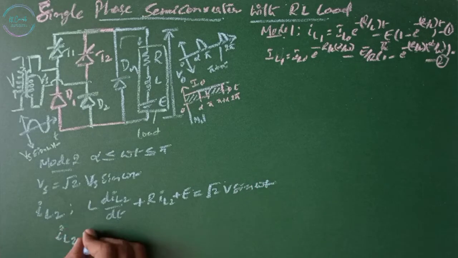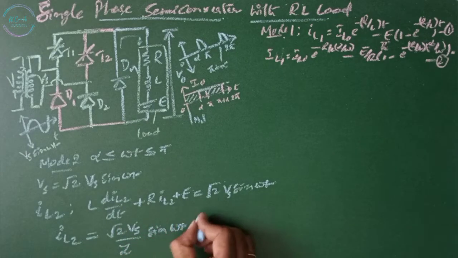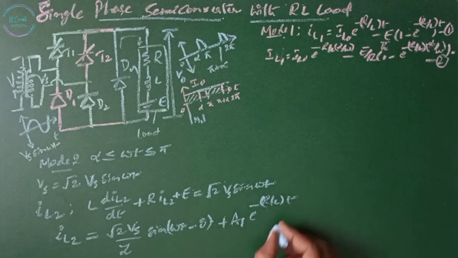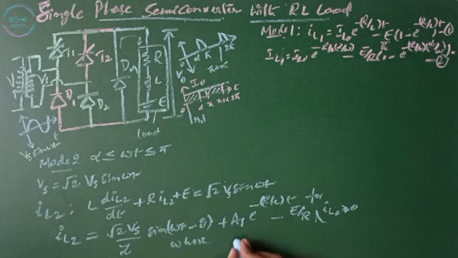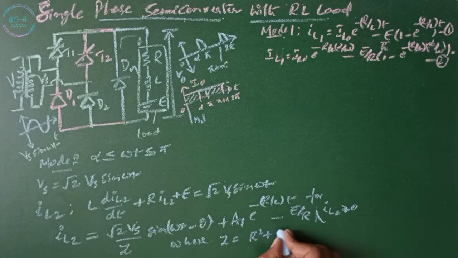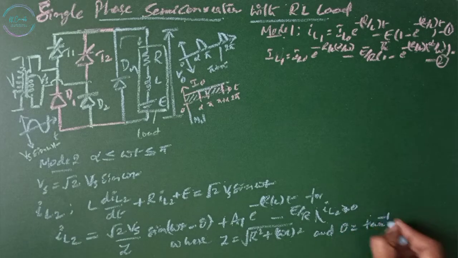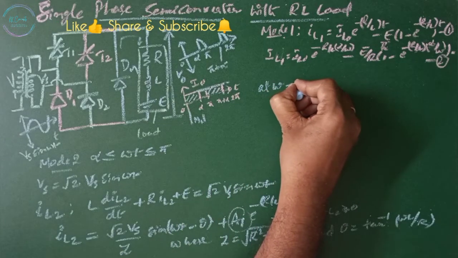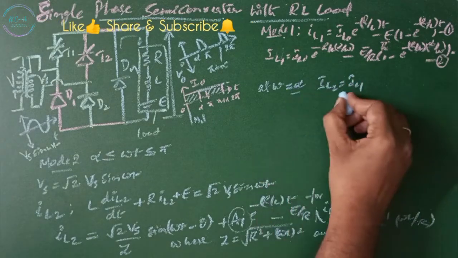The solution is IL2 equals root 2 Vs divided by Z sine of omega t minus theta, plus A1 e to the power of minus R divided by L into t, minus E by R, for IL2 greater than or equal to 0, where Z equals the square root of R square plus omega L whole square, and theta equals tan inverse of omega L by R. We have an undefined constant here, so we need to determine it from the initial conditions at omega t equals alpha and IL2 equals IL1. These are the initial conditions for mode 2.